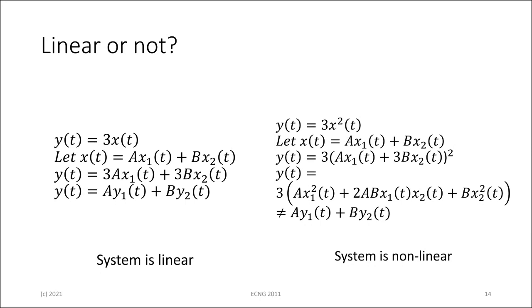The one on the right-hand side, though, once you make this substitution, you will see that if you change the input from x1 to A x1 plus B x2, when you run that through now, you get an extra value that is coming in inside of it. The output is just supposed to be the value of A x1 plus B x2 squared if it was linear.